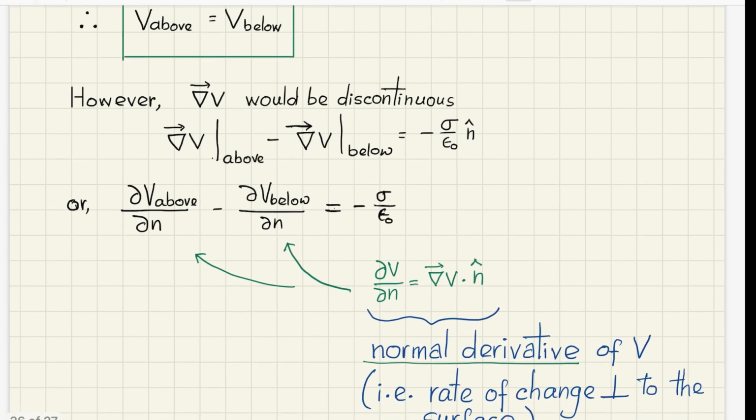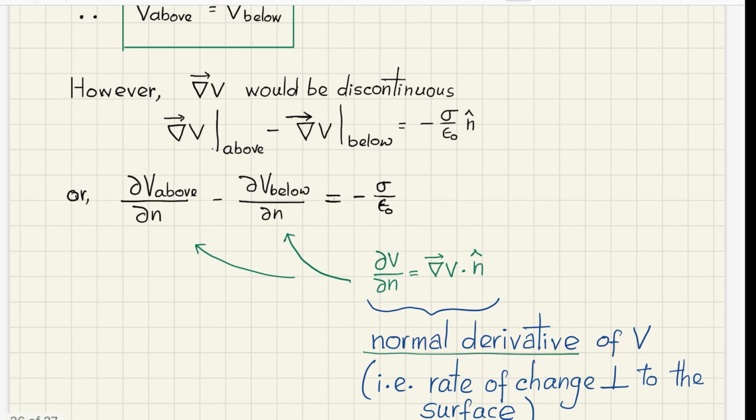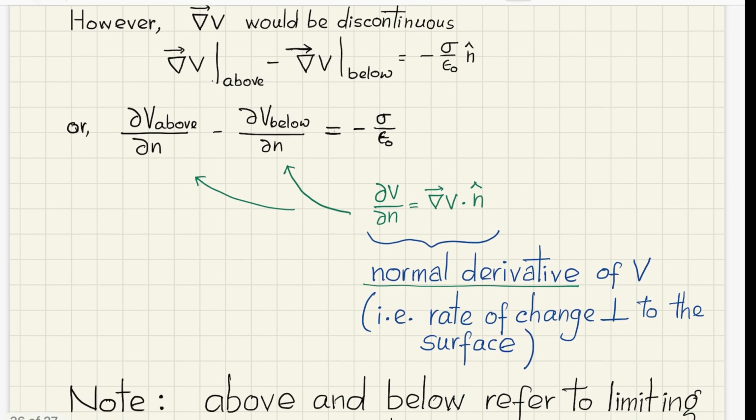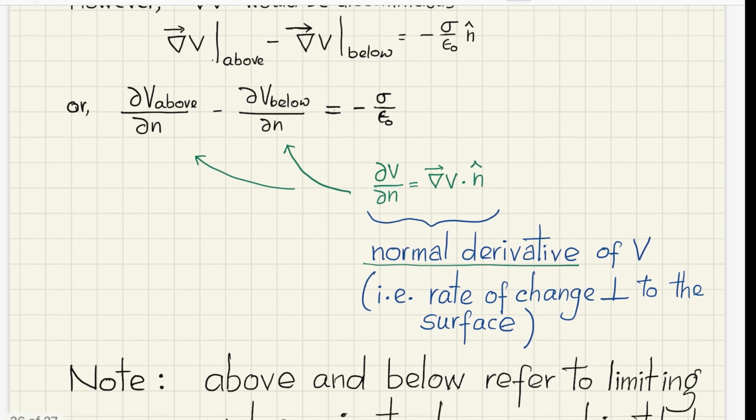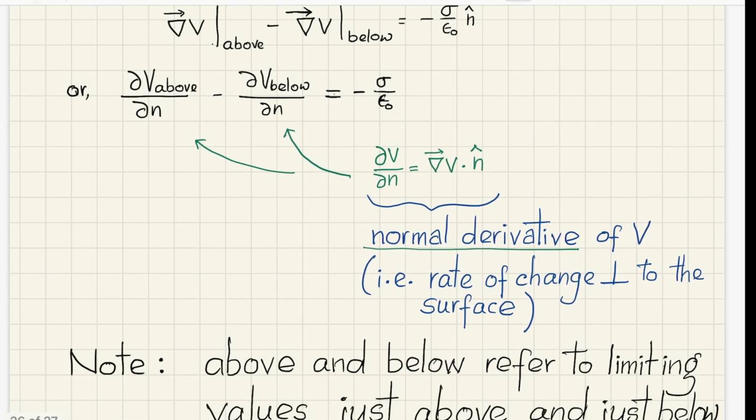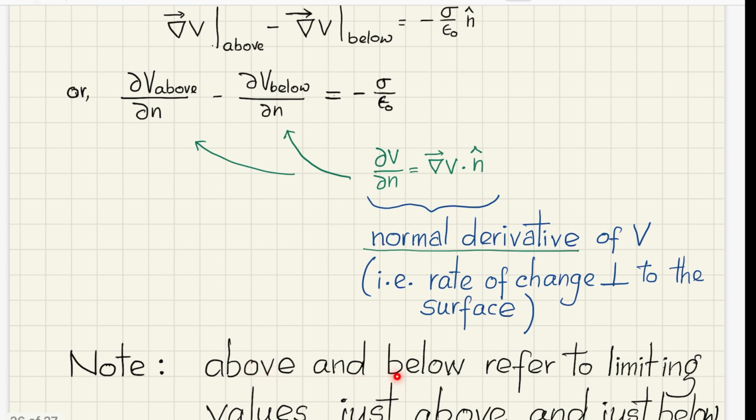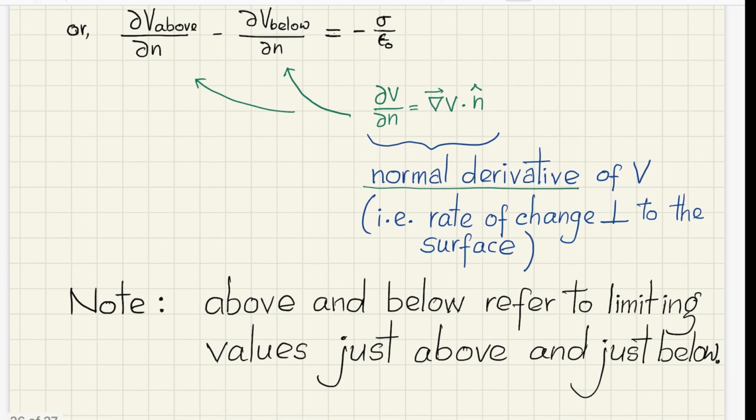This is nothing but a normal derivative of V, that is, the rate of change perpendicular to the surface. However, it is important not to forget that the above and below we are talking about are limiting cases. Just above and just below is continuity across the surface alone. I cannot say that if I go any further from the surface.